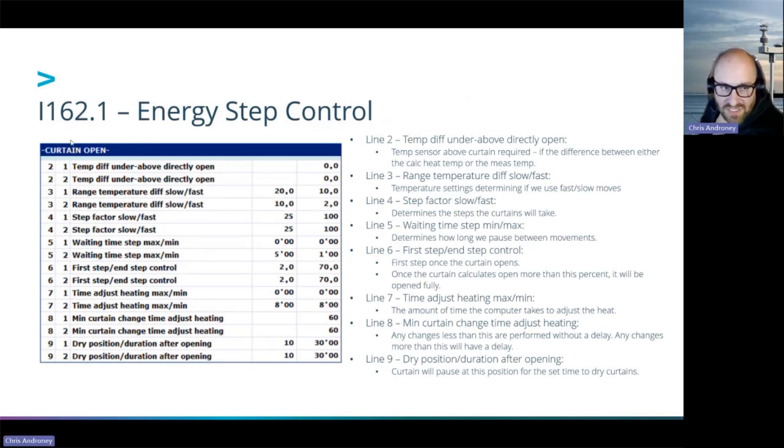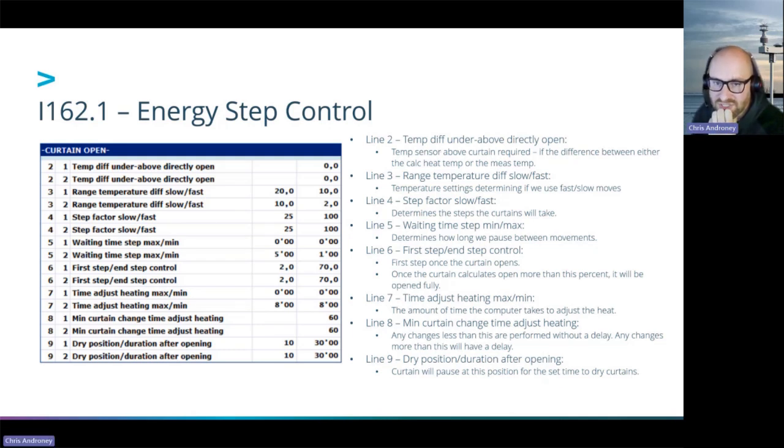The way we do that is with our I162 energy step control. So this works both for the curtains opening and the curtains closing. First thing we're going to look at is line 2, and that's the temperature difference under/above directly open.